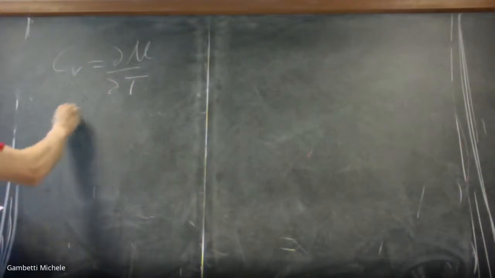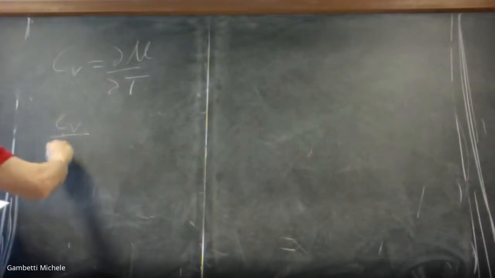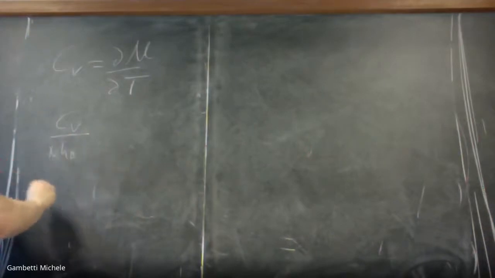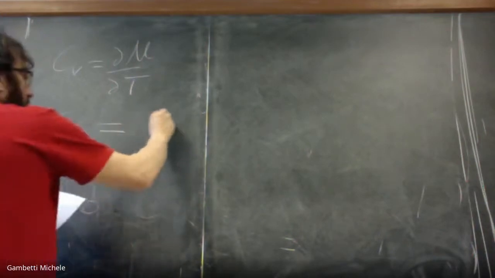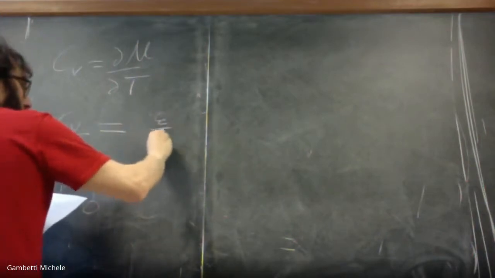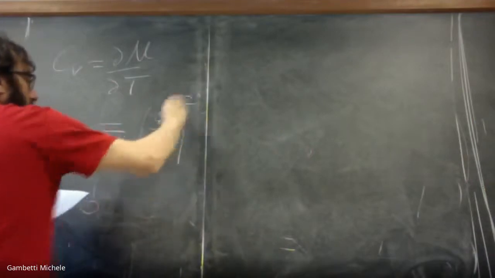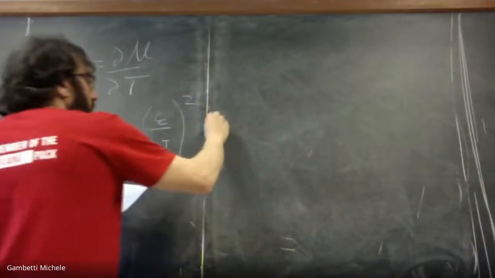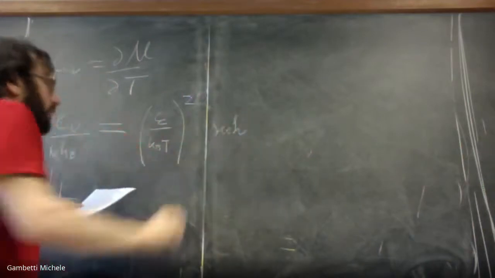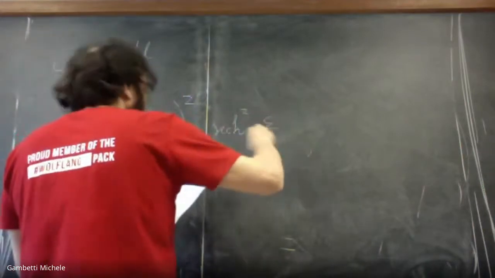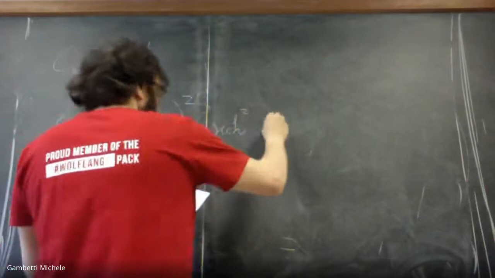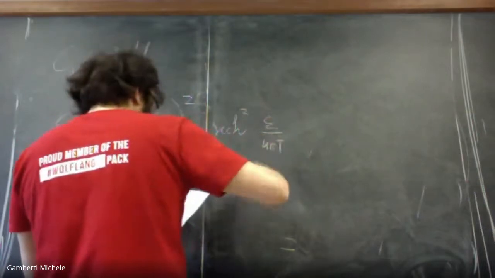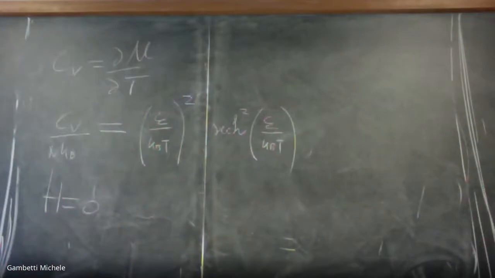And so I can compute C_V over k_B as usual, again for h equal to zero, and you get epsilon divided by k_B T squared, times the hyperbolic secant, which is 1 divided by hyperbolic cosine squared of epsilon over k_B T. So this is what you get for the heat capacity per particle.